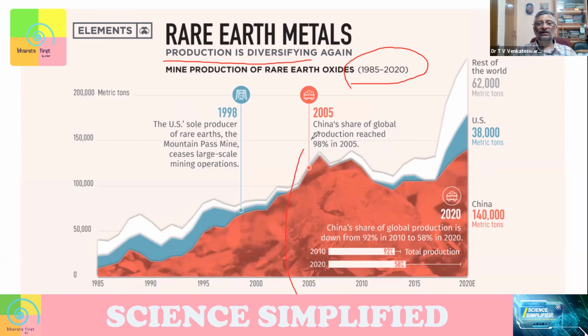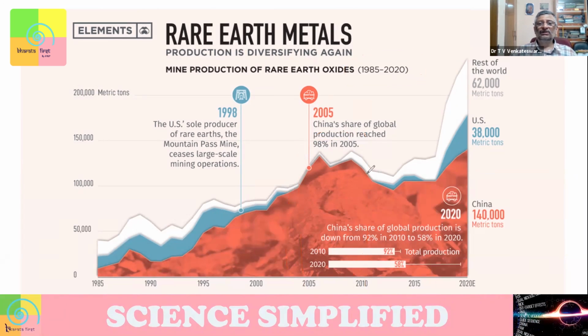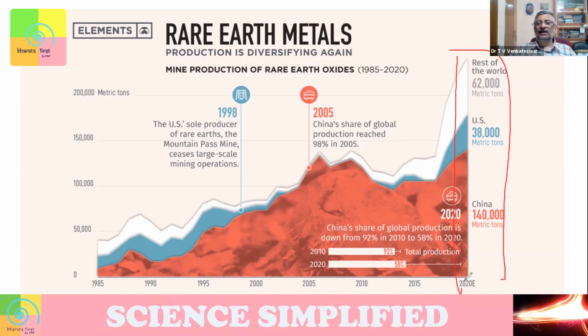You can see that around 2005 to about 2010, almost all the production was in the hands of China. But things have slowly changed in the recent past. The consumption has come down slightly, and production in the US and the rest of the world has also picked up.